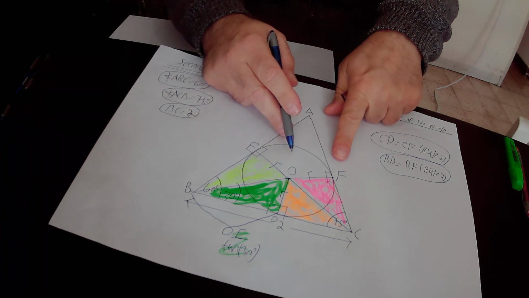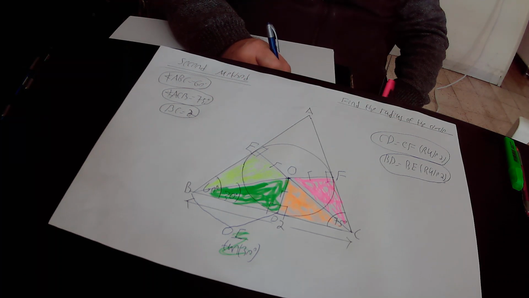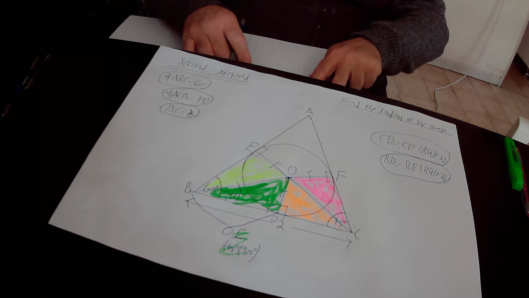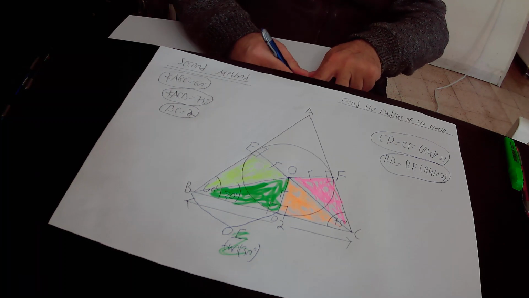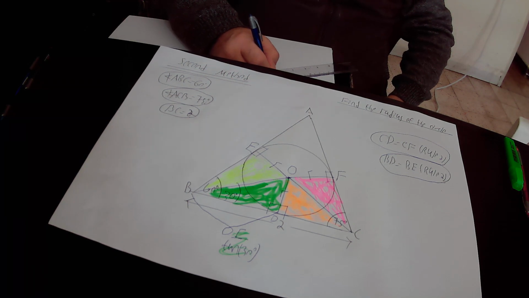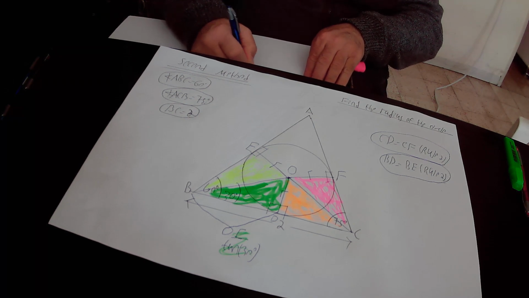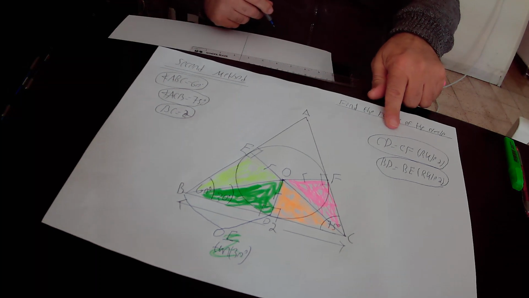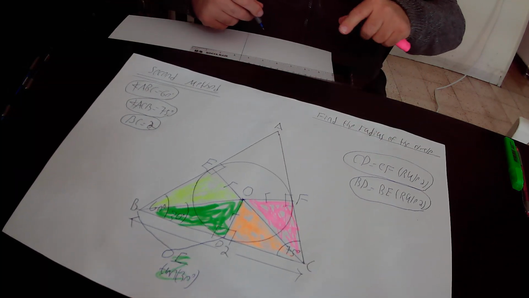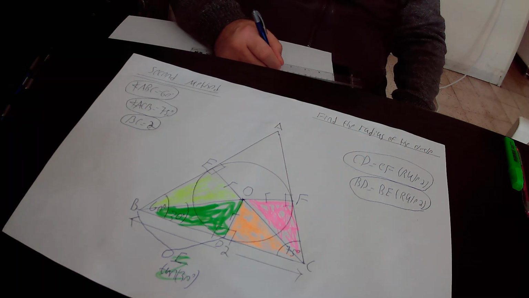First of all, OF equals OD. They are both the radii of the circle, therefore they are equal to each other. In addition, CF equals CD according to rule number 2. And finally, CO is a common side that belongs to both triangles. So we can write down that CO equals itself, a common side that belongs to both triangles.